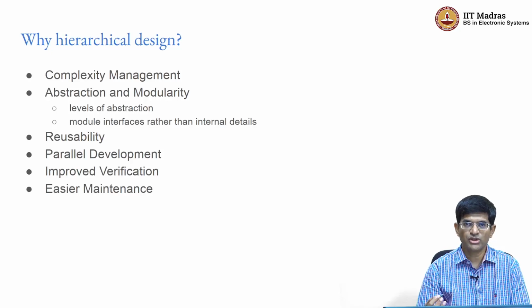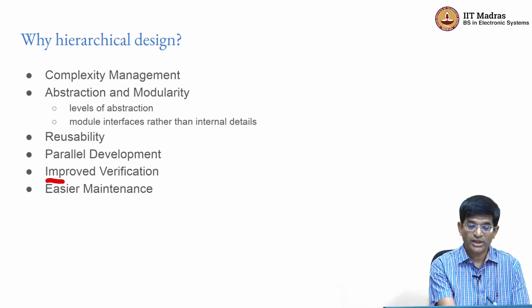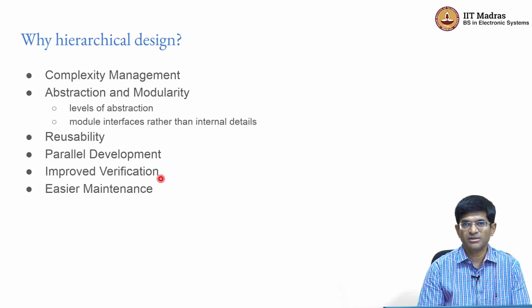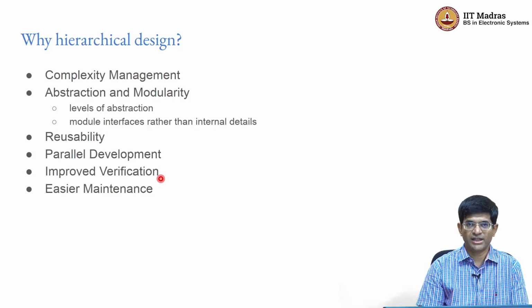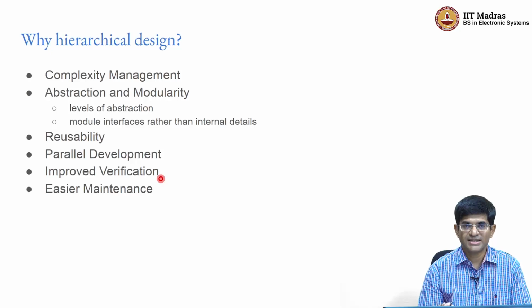Each individual unit has been specified at a sufficient level of detail that different people can work on the parts and integrate them finally. It also helps with verification. Verification basically being how do we verify or test that a particular design is working correctly, right. So the whole notion of test benches revolves around this idea of verification. We want to verify that the design that we have got works the way that we would like it to.